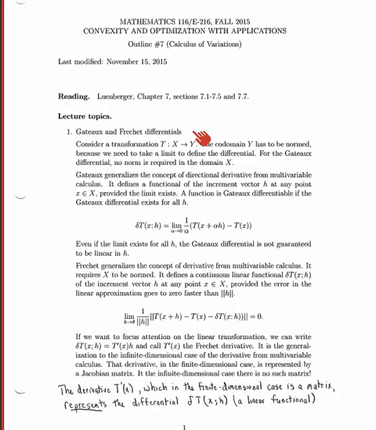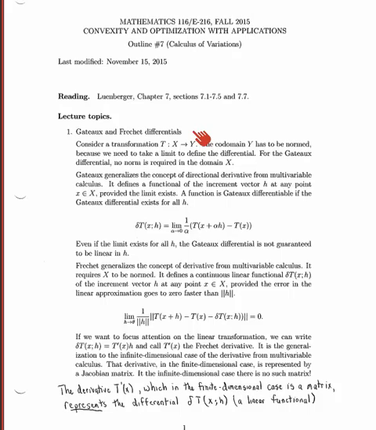What they did was to extend the concept of derivative from Rn to infinite dimensional vector spaces. And I hope that you have a reasonable understanding of what it means for a function to be differentiable in Rn.